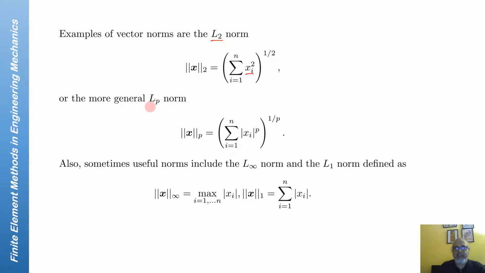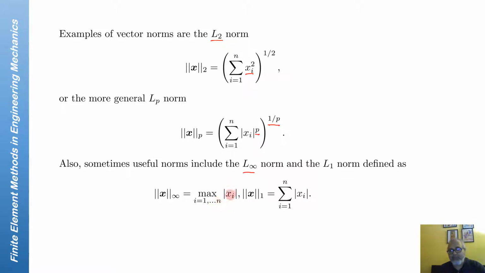Or more general LP norm, where you don't square it, you raise it to the power p, and then you have 1 by p here. And then you can think about this a little bit as p tends to infinity. We have the L infinity norm, which turns out to be the maximum of the mod of the components of the vector. So maximum of xi among the 1 to n.